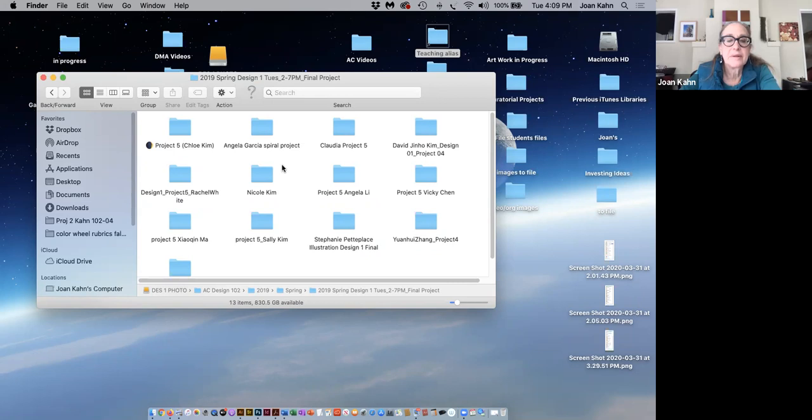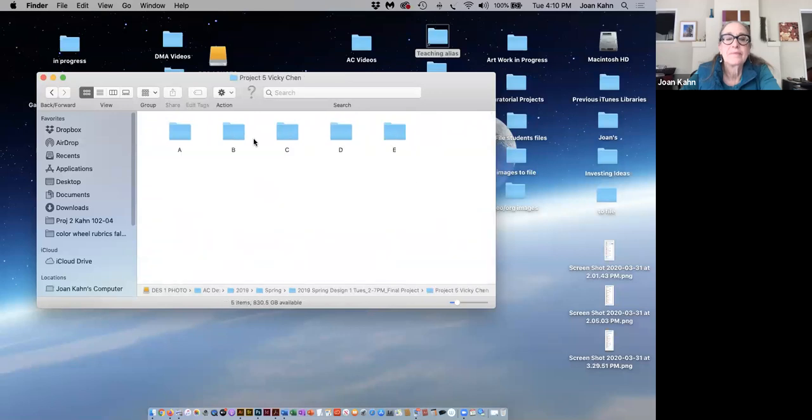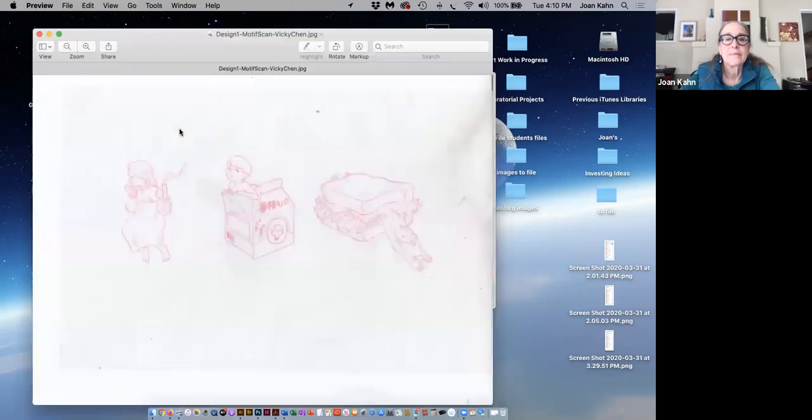So I'm looking at the ones that I want to show you the most. Yeah, so she showed me her motifs.